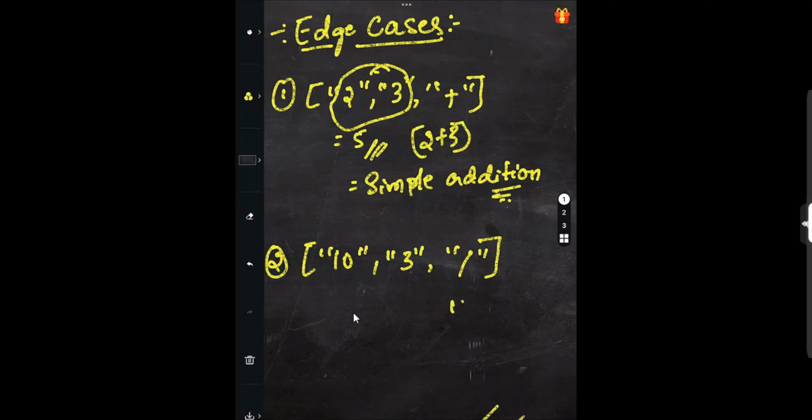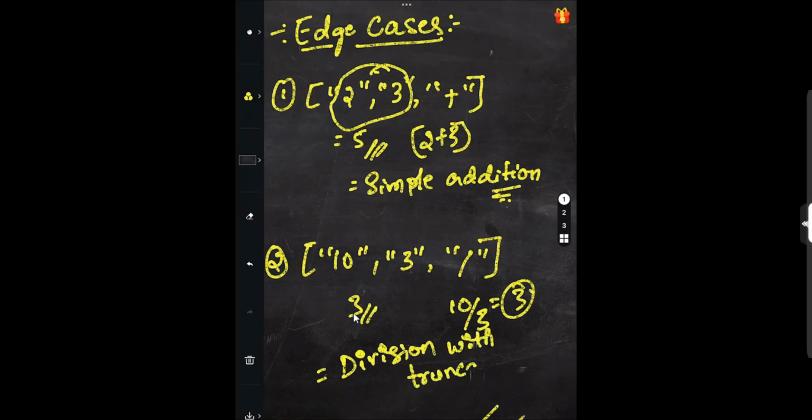This will be 10 by 3, truncated towards 0, so the output will be 3. This is for division with truncation. I hope the second edge case is completely clear.